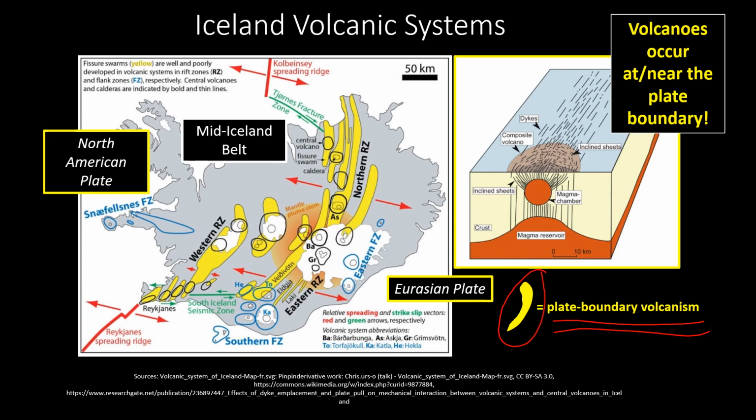These are areas called volcanic systems, and they consist of groups of fractures at the surface, and underneath those groups of fractures, we have molten rock that rises up to the surface and occasionally erupts out of the fractures to create volcanoes. And so we're seeing a beautiful example here of plate boundary volcanism related to the fact that the divergent plate boundary runs right through the middle of Iceland.